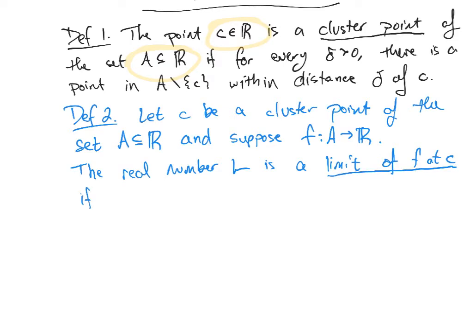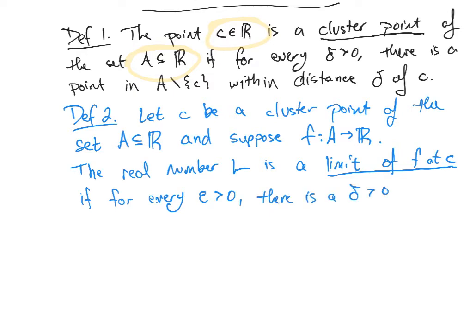if, and now we have to remember our quantifiers. For every epsilon, that's how close we want to get to the limit L. For every epsilon, there is a delta.